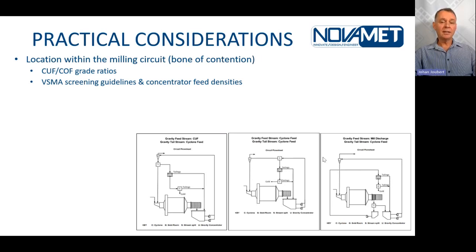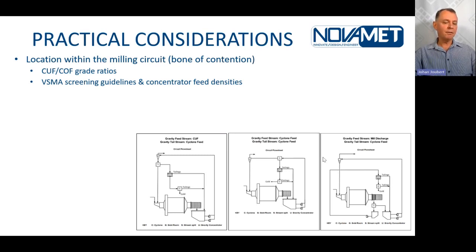However, research has shown recently that cyclone feed and definitely mill discharge are better options for installation. The higher grades of the cyclone underflow might be an advantage, but it's sometimes outweighed by the difficulty of treating this high density of the cyclone underflow.